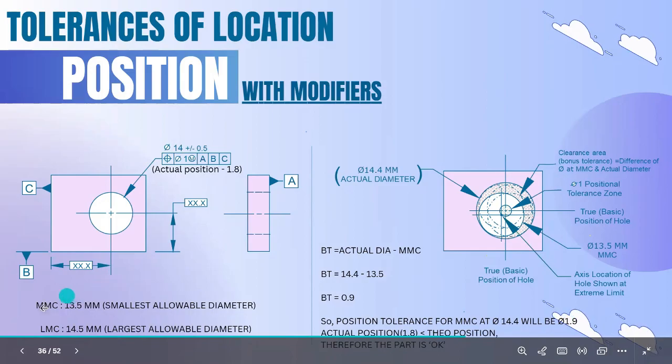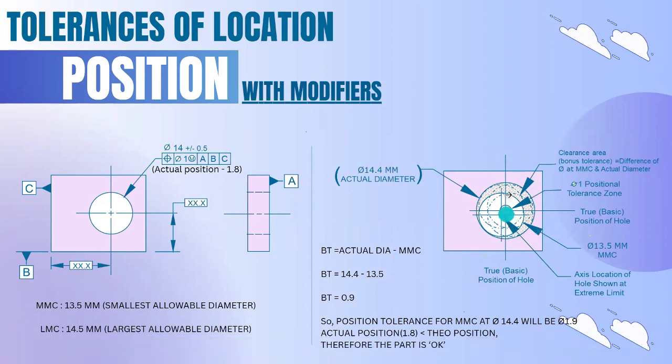So for this hole, MMC will be 13.5 and LMC will be 14.5. In the right side picture, you can get a clear view. Here the actual diameter, which the manufacturer manufactured, is 14.4. The MMC diameter is 13.5.